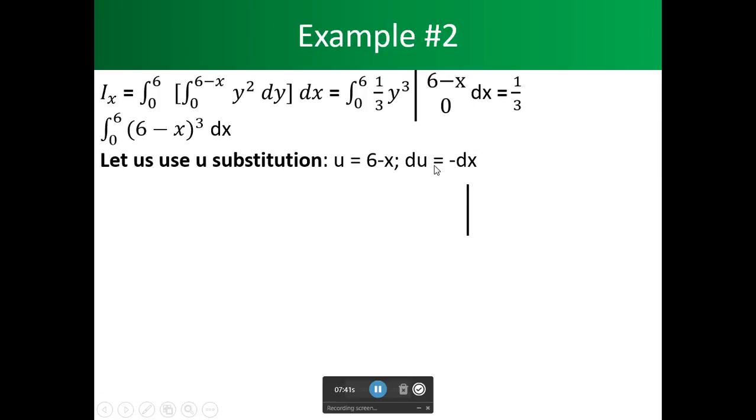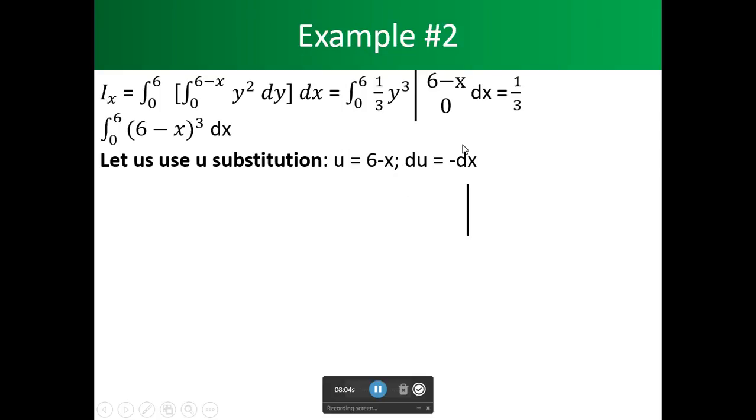Sorry about that. So let us use u substitution for this term here. To use u substitution, we have 6 minus x for u, and the derivative of this: the constant goes to 0, the minus x goes to minus 1.